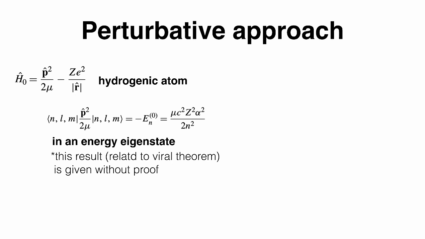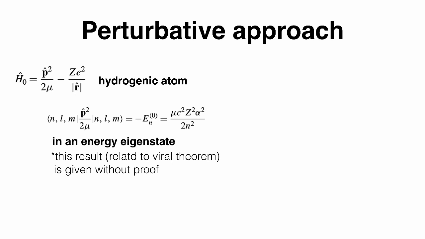But before we go there, we just remember something useful, which is related to the virial theorem, which I provide here without a proof, is that for an eigenstate of the Hamiltonian, |n l m>, the expectation value of p squared over 2 mu is actually minus the value of the energy.